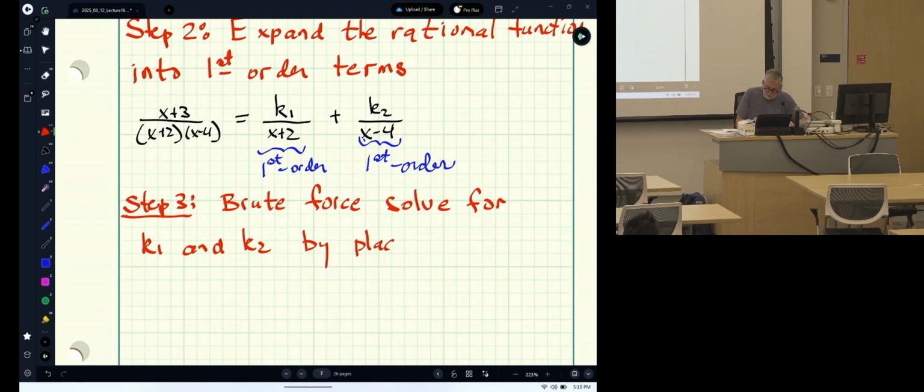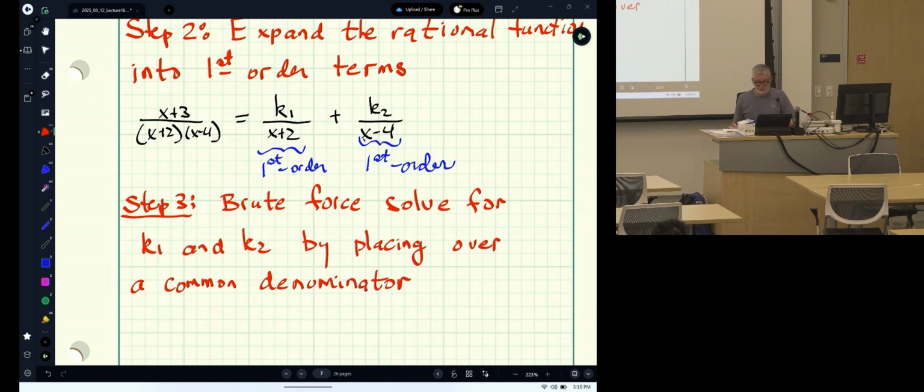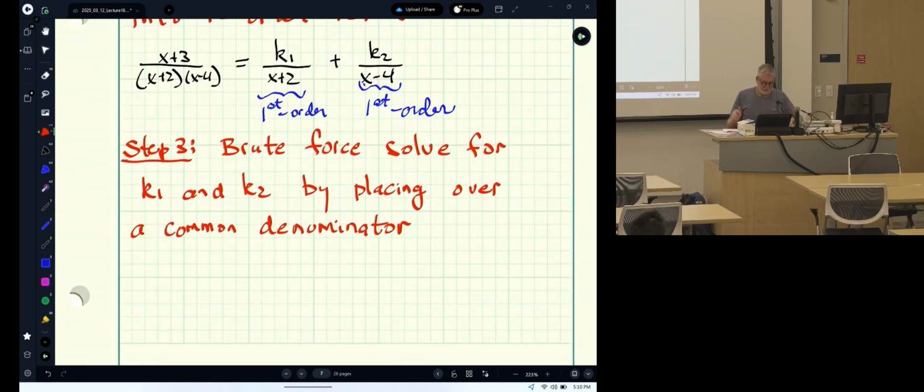I'll show you a much slicker technique when we get to Laplace transforms, by placing, so, over a common denominator. So each step is conceptually super easy, but kind of boring and prone to human error. So what do I mean by brute force solve?